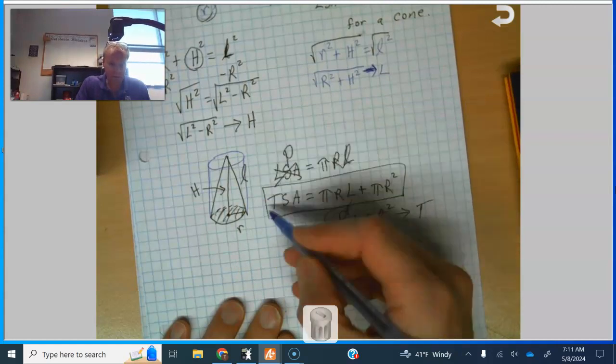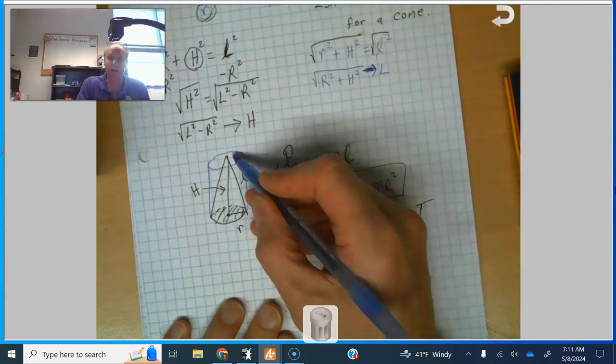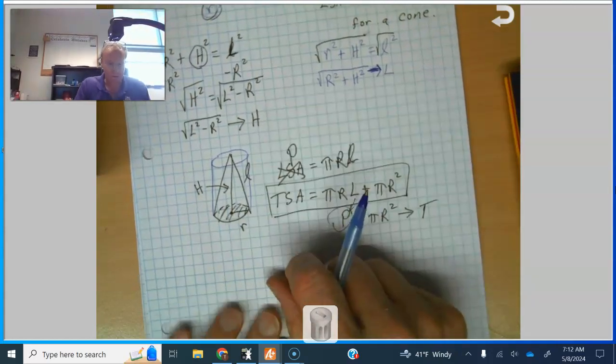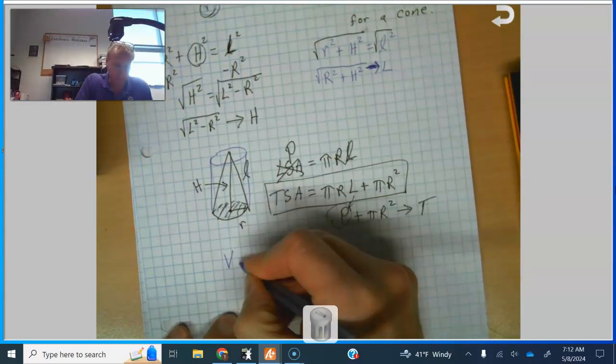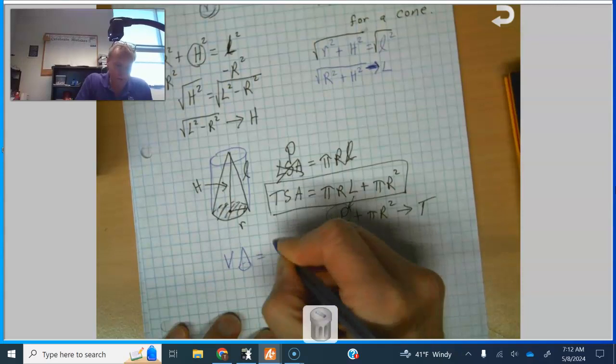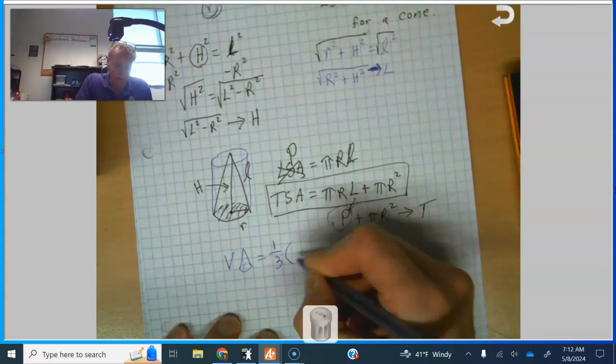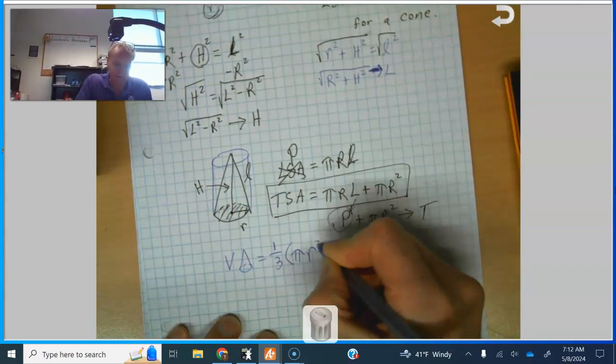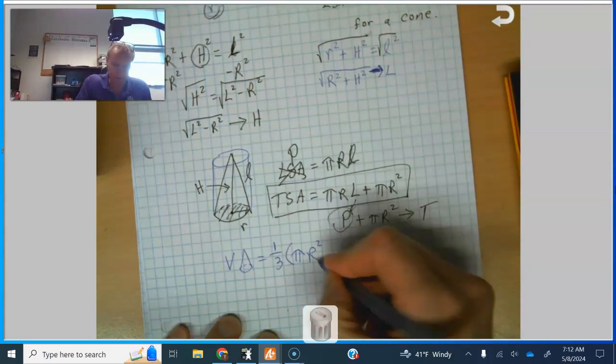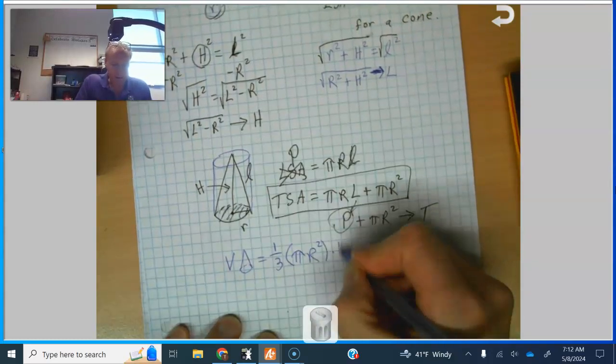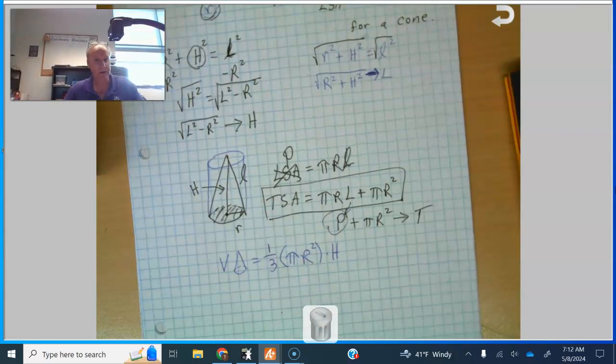And the volume of a cylinder is the area of the base times the height, just like any other prism. So the volume of a cone is 1/3 the area of the base, pi r squared. That's the area of this base. Use my capital R. Times the height. That's it. That's all you have to do.